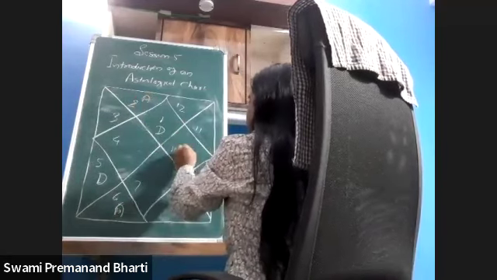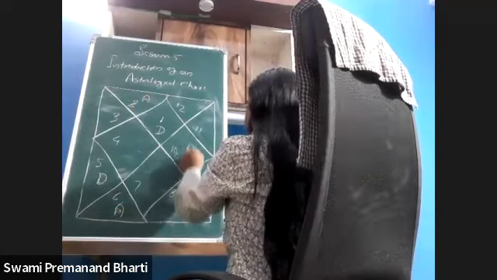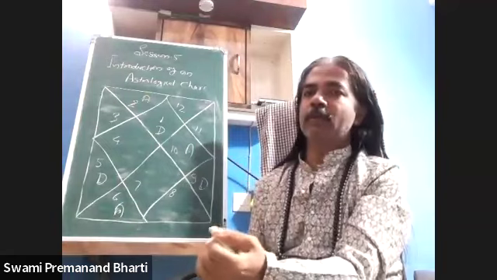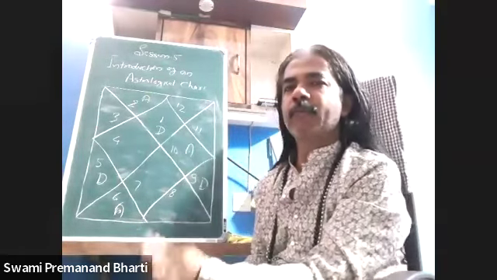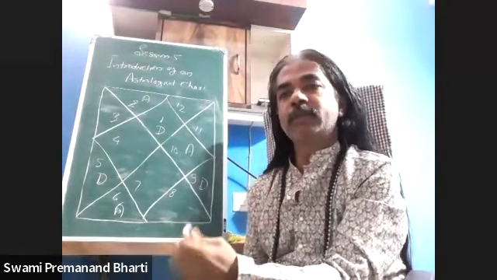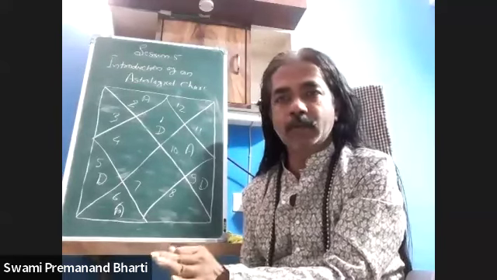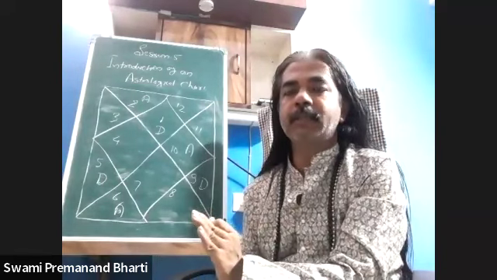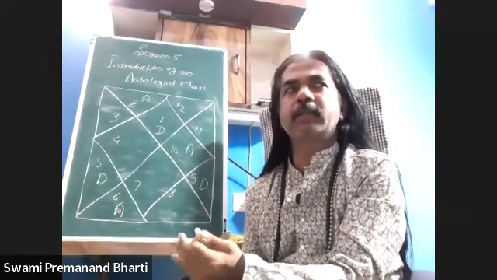Second, sixth, and tenth are Artha houses. In Hindu mythology, there are four Purusharthas: Dharma, Artha, Kama, Moksha. So first, fifth, and ninth are Dharma houses. Second, sixth, and tenth are Artha houses.